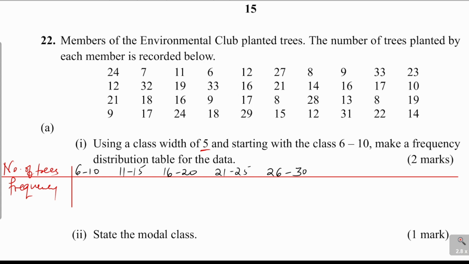And then when I look at the largest figure here, just by looking at it, I can see we have 33. 33 is the largest, I don't see any that is above 33, so we can go up to 35. So the last one, 31 to 35.